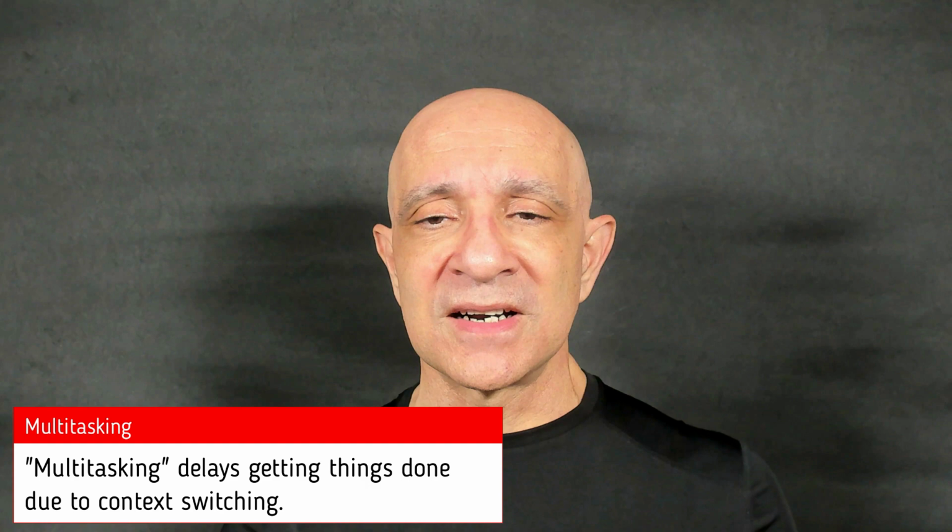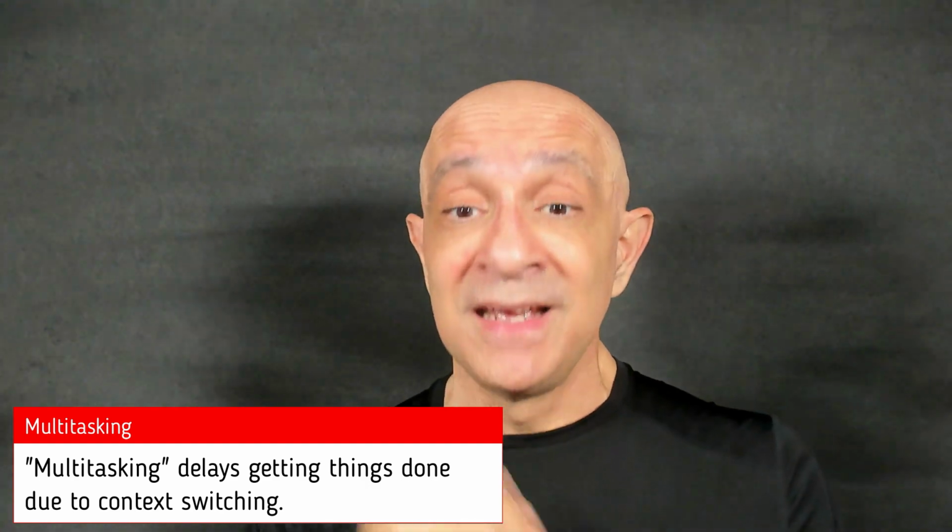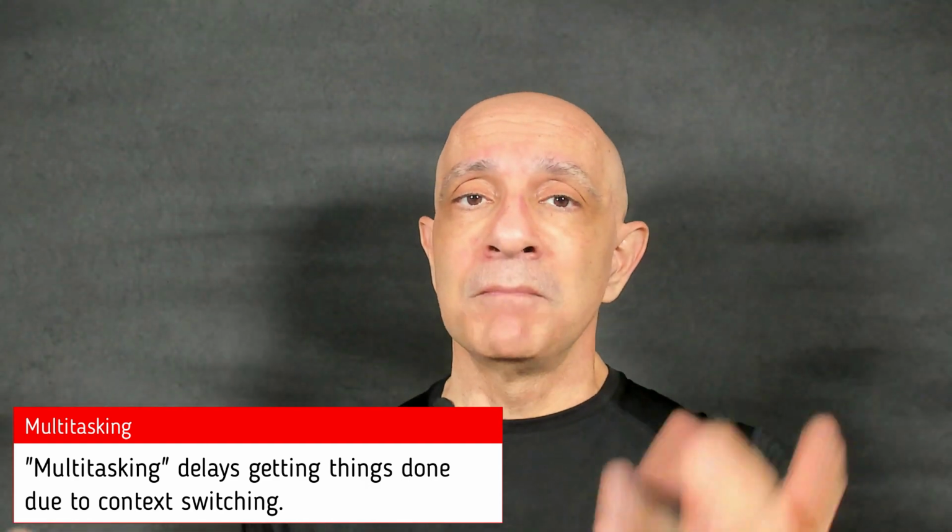As a matter of fact, Jerry Weinberg wrote a book about quality software management in 1992, I believe it's still in print, where he shows in multiple studies, multiple charts, that multitasking actually delays getting things done because of the context switching. Now, it's even worse than that.